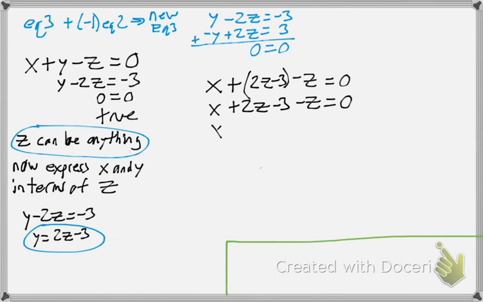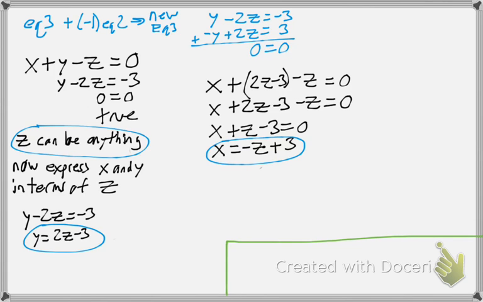If I combine like terms, I have x plus z minus 3 is equal to 0. And if I move those to the other side, then x is equal to negative z plus 3. So this would be the third part of my answer.